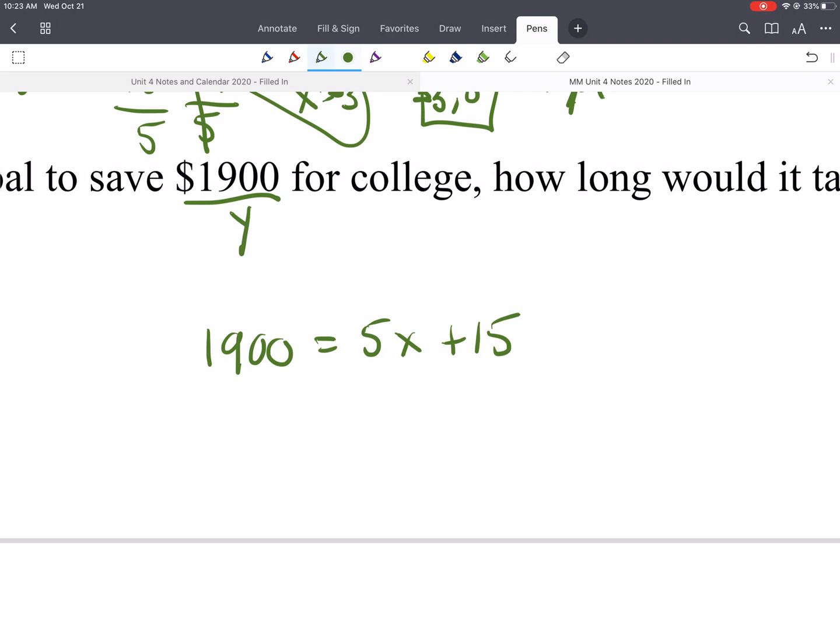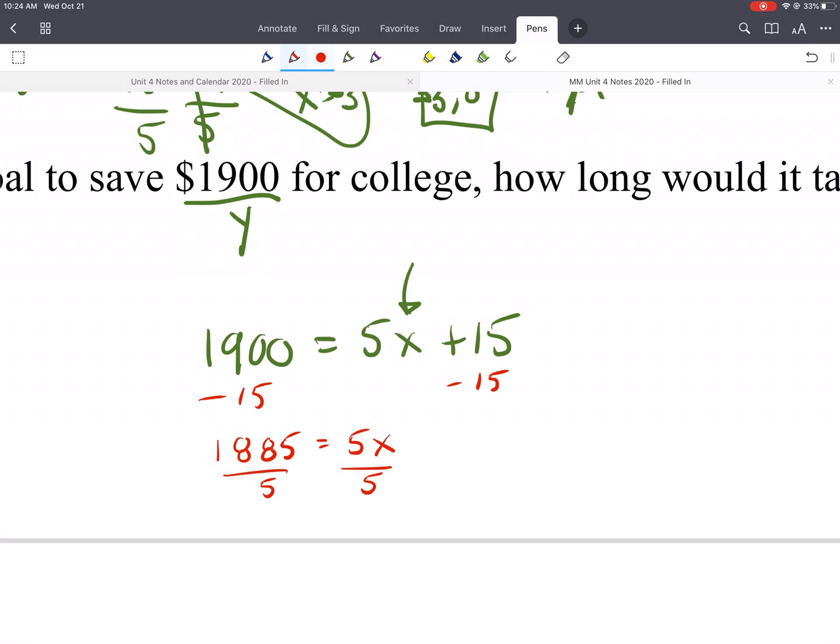And we're going to solve to figure out how many hours it takes to give us our $1,900. Okay? So we will subtract. Again, we take away what's furthest from x. That gives us 1,885 is equal to 5x. And then we'll just divide both sides by 5.